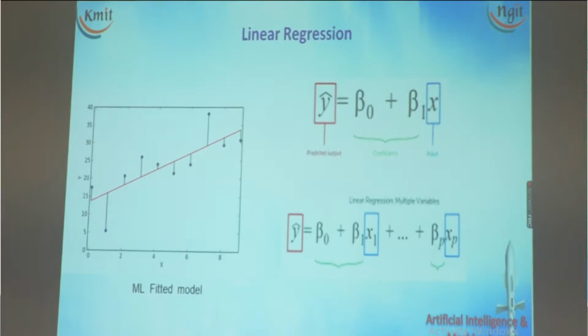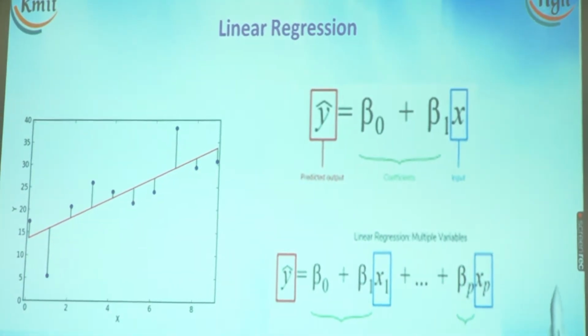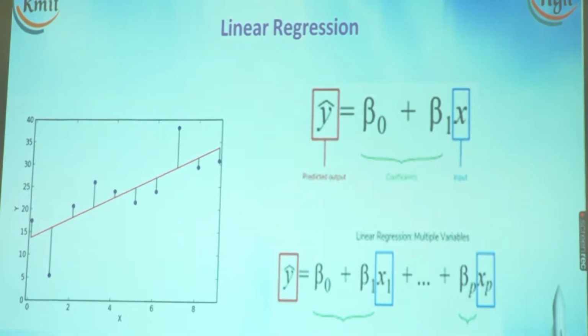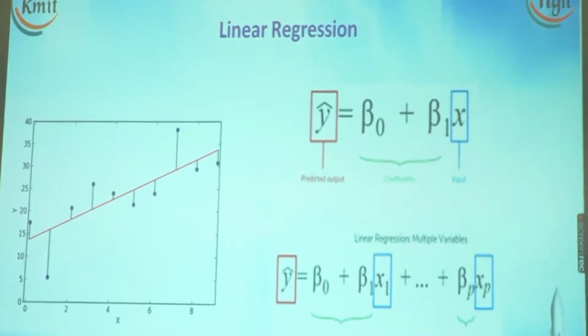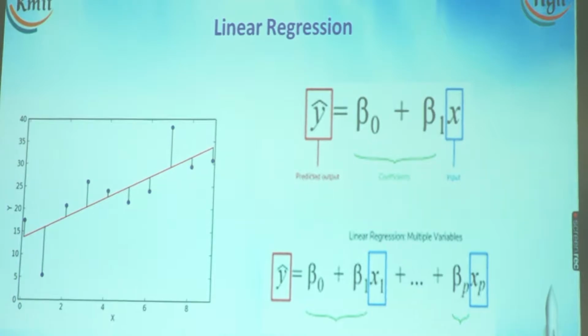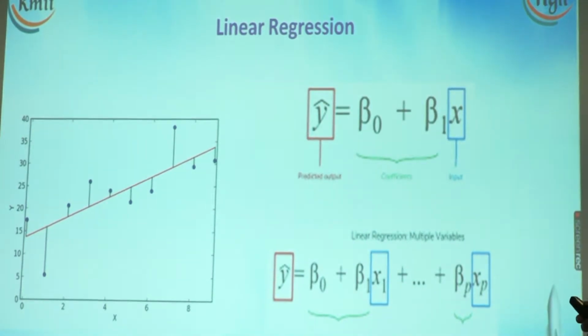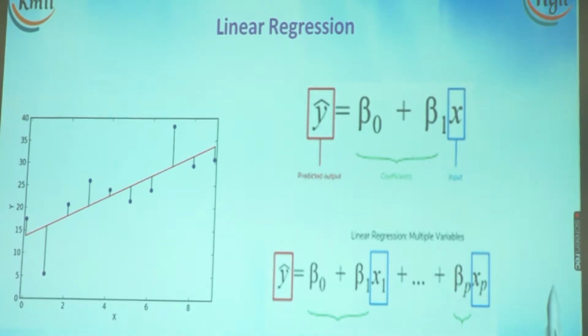See there, what is there? Y cap is equal to beta naught plus beta 1 x. Is there any slope change of this line?